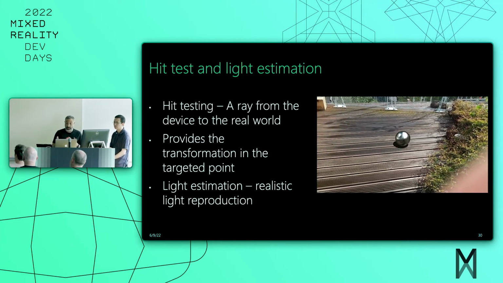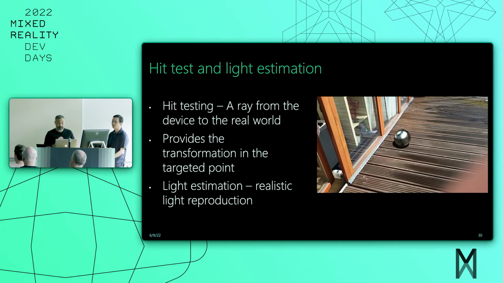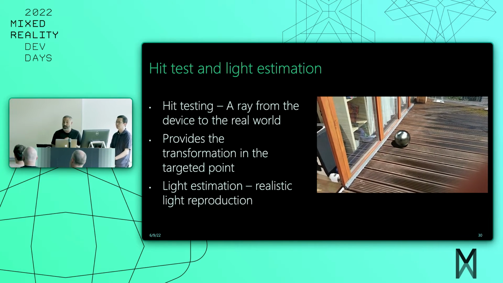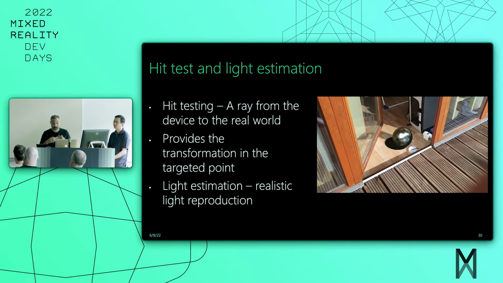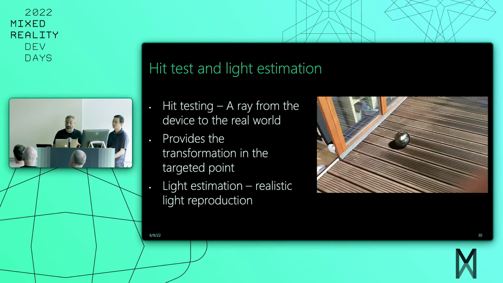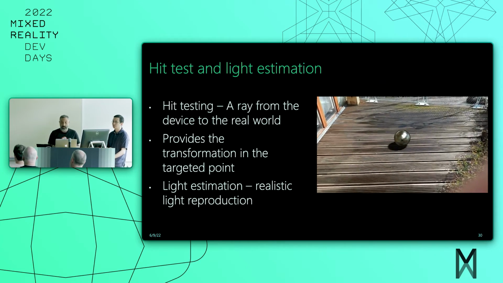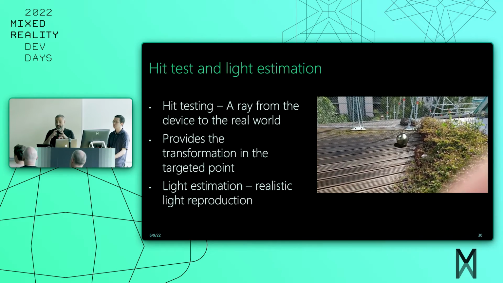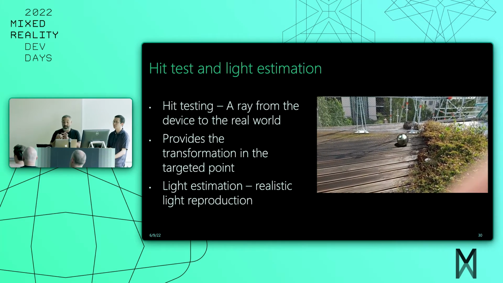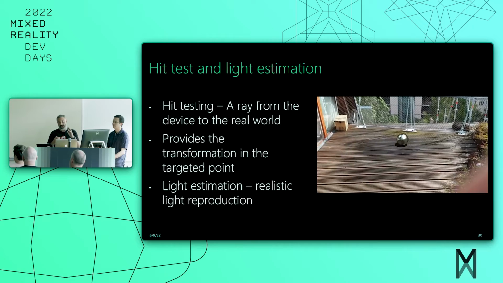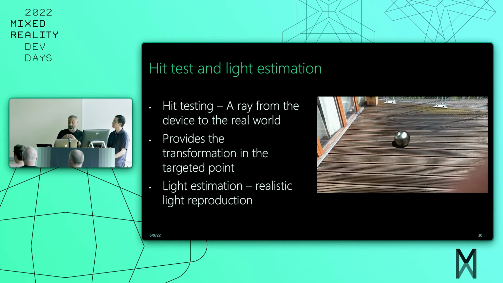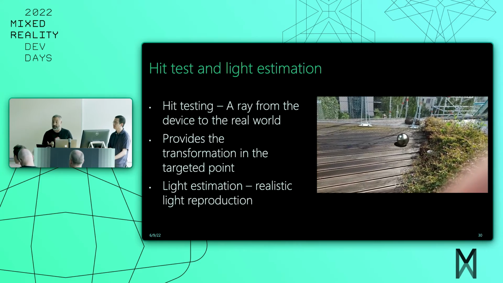The second module that is enabled in this demo is the light estimation, which provides a realistic light reproduction, including the light color, the light direction, where the light is coming from, which allows us to place shadows on these elements. It also provides an environment map and a realistic environment reflection map that allows us to create reflections on shiny objects like the sphere we see here, which creates a more immersive experience.